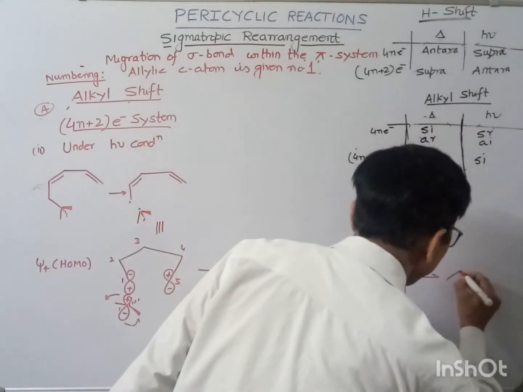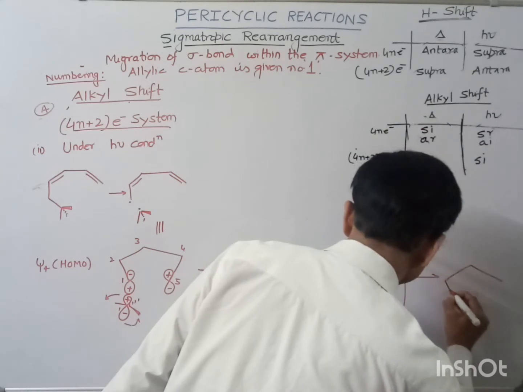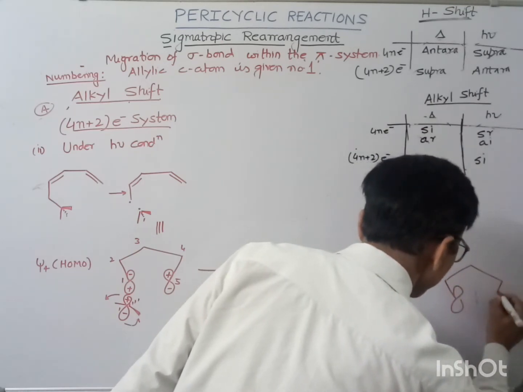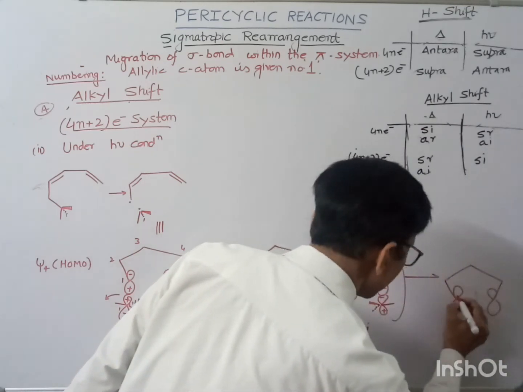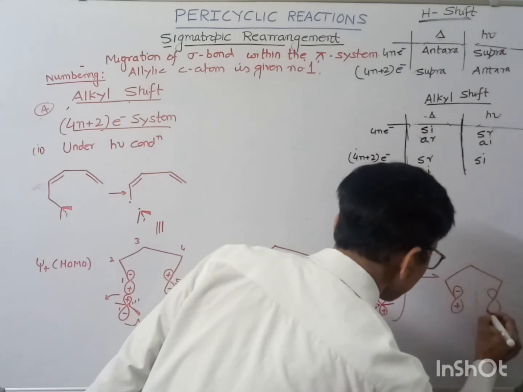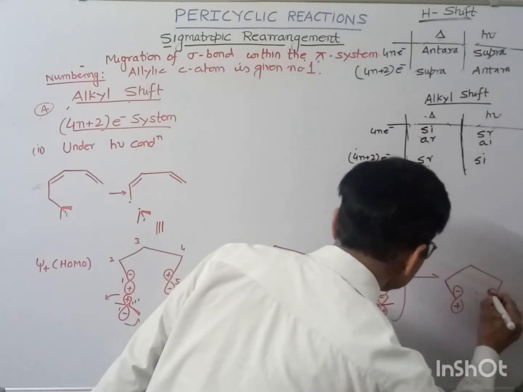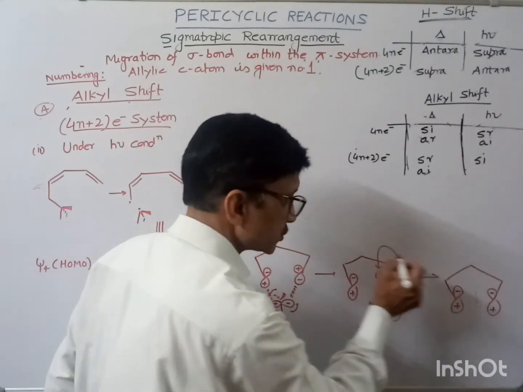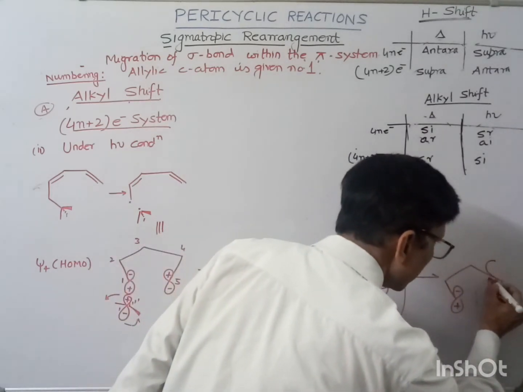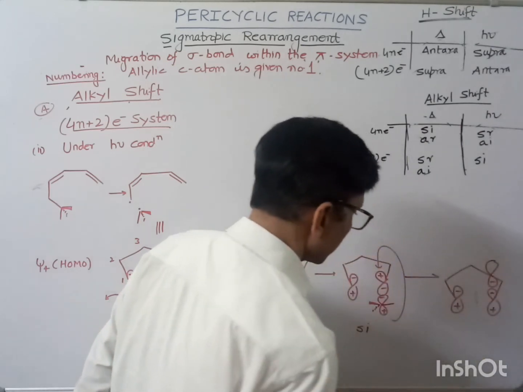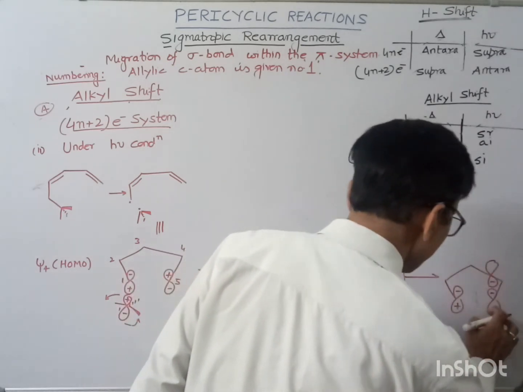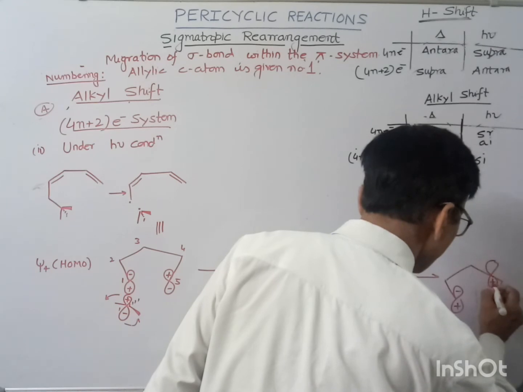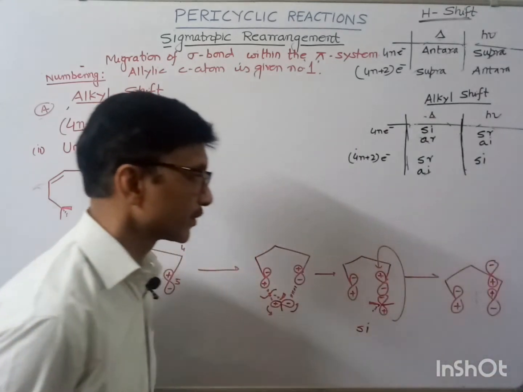Okay, so I may write like this: minus plus, and this is plus minus, and now it will interact. This positive will now interact with this positive lobe, like this, and this is minus.